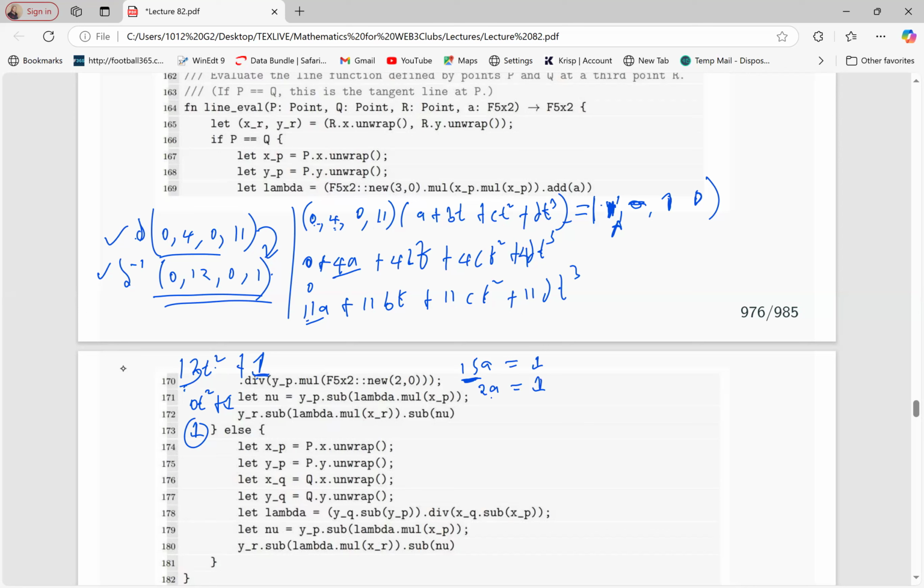So a is the inverse of 2 mod 13, and so on. This is just an example. I've not said that these will be the only constants, I've just taken these two examples, 4a and 11a. Maybe there could be other constants.